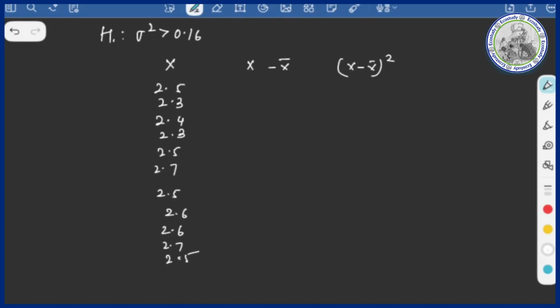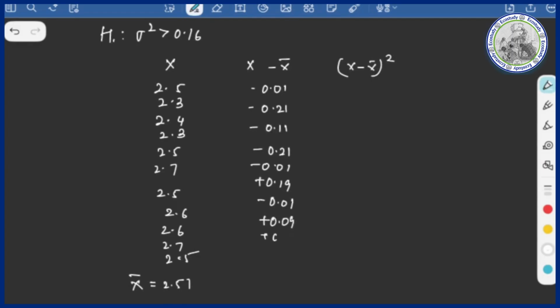Take the mean, and the mean is 2.51. Subtracting: minus 0.01, minus 0.21, minus 0.11, minus 0.21, minus 0.01, plus 0.19, minus 0.01, plus 0.09, plus 0.09, plus 0.19, minus 0.01.